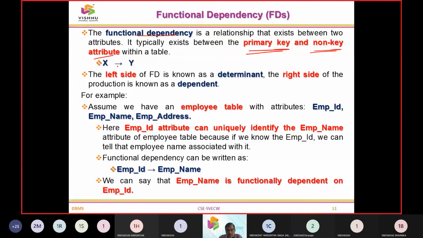The left side of the functional dependency is called the determinant and the right side is known as the dependent. X to Y: X, on our left-hand side, we assume as the determinant. Y we are going to call the dependent.